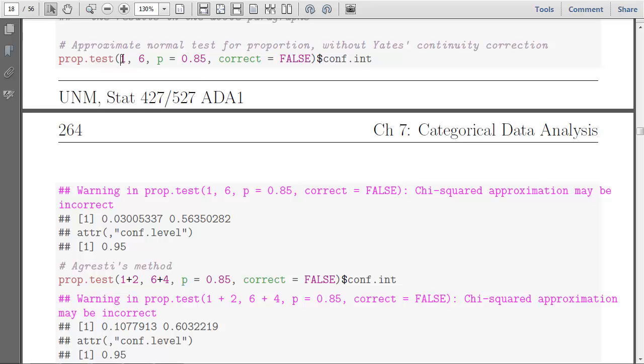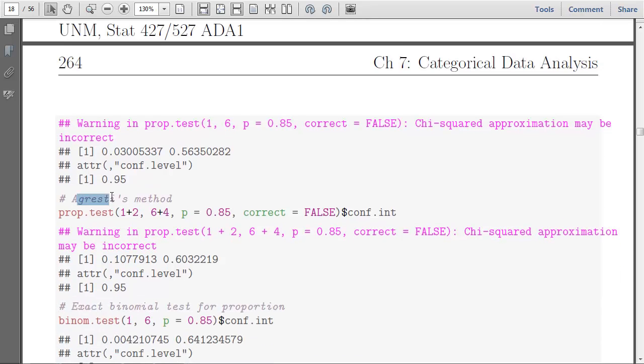Well, we've got a p-naught of 0.85. If we multiply that by the number of successes, 1, and the number of failures, which is 6 minus 1 equals 5, we don't get at least 5 for each of those. In particular, for the number of successes, 1 times 0.85 is 0.85. So it's too small. So we get a warning that says this confidence interval may not be appropriate, and I would not use it. In fact, even Agresti's method's not going to get us big enough if we add 2 to the successes and failures each.